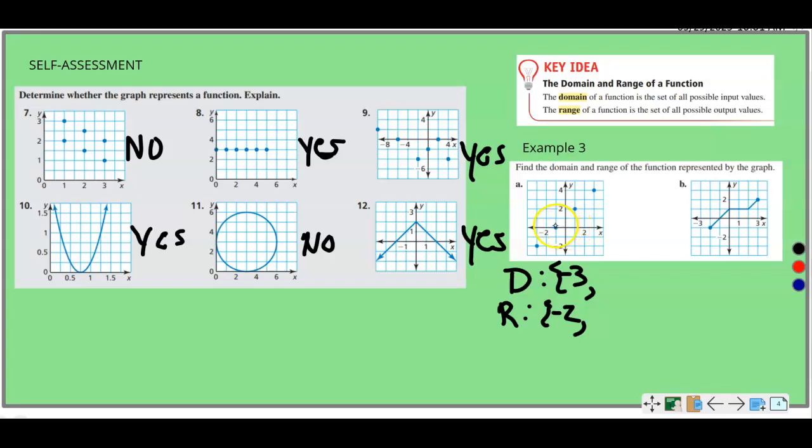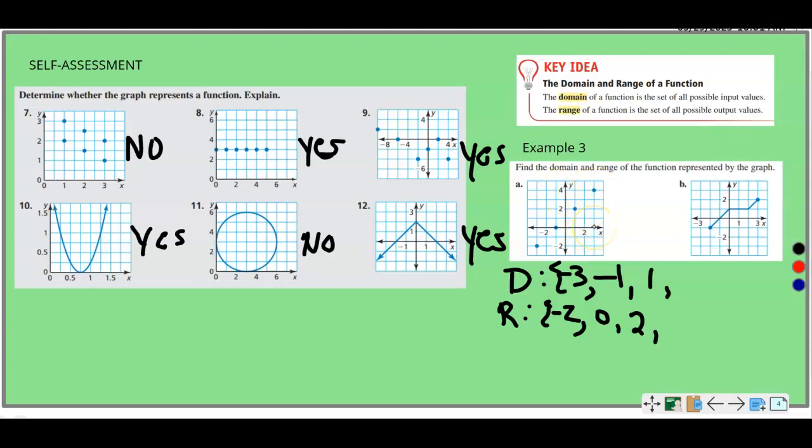The second point is -1, 0. So -1 and 0. The third point would be +1 and 2. And the fourth point would be over 3, up 4.